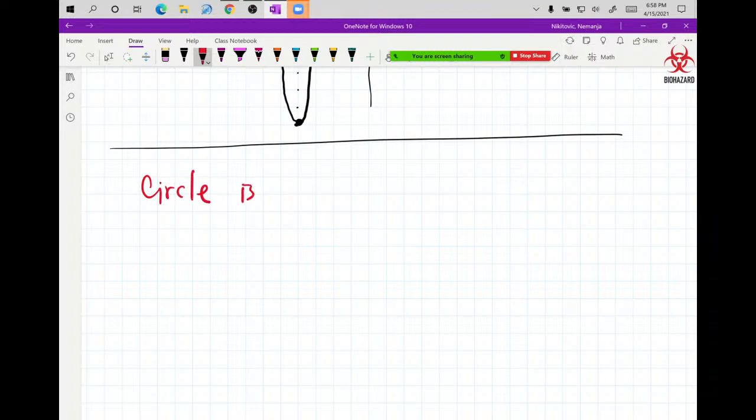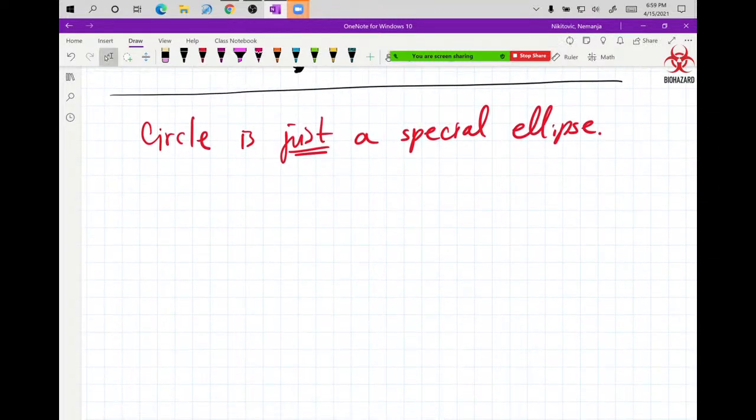Circle is just a special ellipse. Circle is an ellipse, but this ellipse has a equal to b in the denominators.